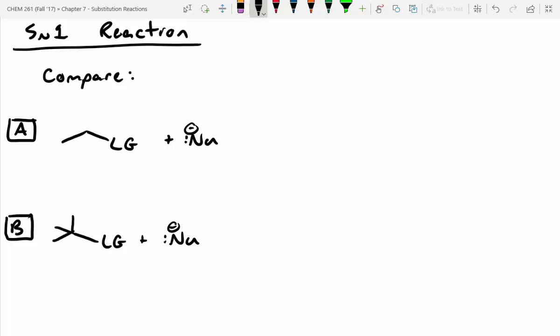All right, so let's do the reaction pathway for A. If it's SN1, what will the first step be? So if it's SN1, that means the leaving group falls off first, right? So SN1 means our leaving group falls off first in both cases. So let's draw our intermediates now.